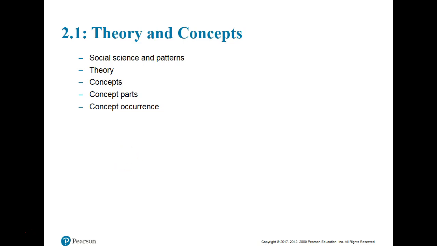The parts of your concepts can be learned implicitly or explicitly. And it's important to understand the concept occurrence, as I was talking about, within the definition. An unclear definition within your concept can really put a barrier within your research.